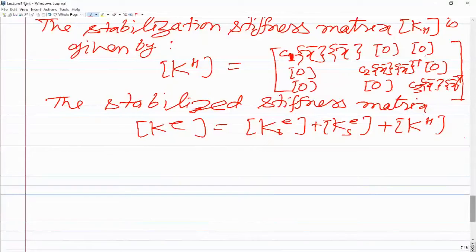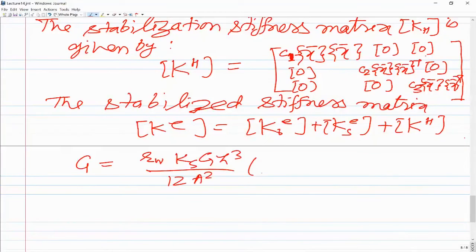That paper says that the constant c1 should be taken as c1 equal to the parameter rw into shear correction factor into shear modulus into thickness cube divided by 12A square, and then we have B1 transpose into B1, so it would be scalar, plus B2 transpose into B2, so this will also be scalar.